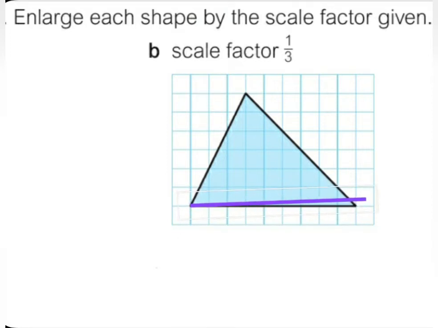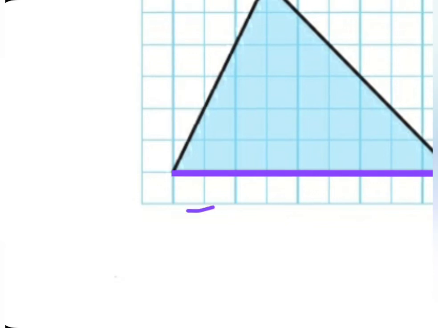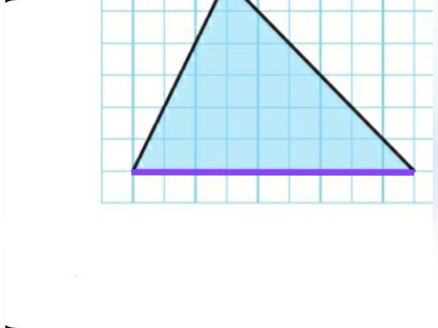This side here is how many boxes? Yes, very good. Let's count them. We have 1, 2, 3, 4, 1, 2, 3, 4, and 9. Very good. It has 9 boxes.